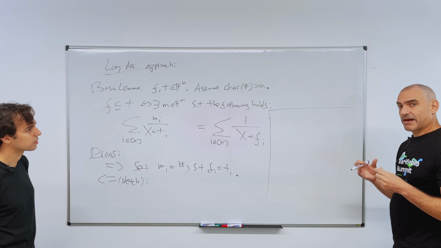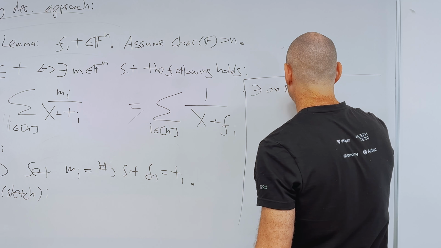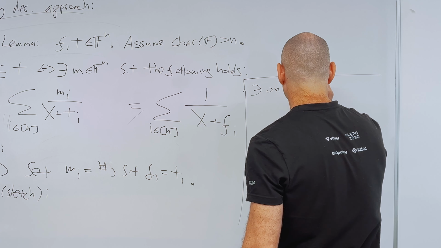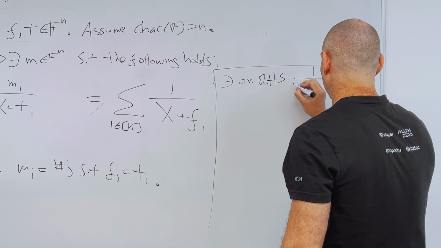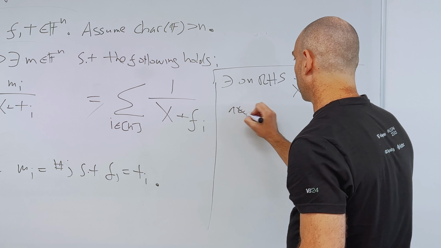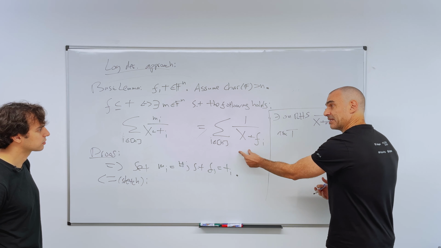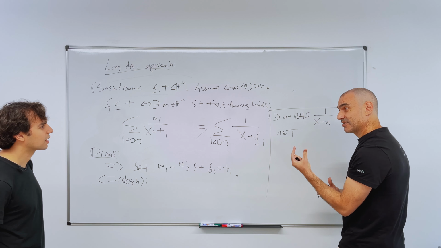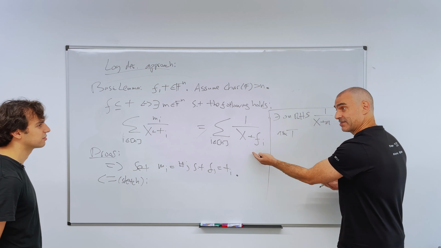So there exists on the right-hand side something that appears 0 times in here? Exactly. There's going to be some summand 1 over x plus a, where a is not in T. Okay. So now the question is, we have here this summand. Can we somehow choose mi's that will create this summand? Right. So to pretend that it exists in here.